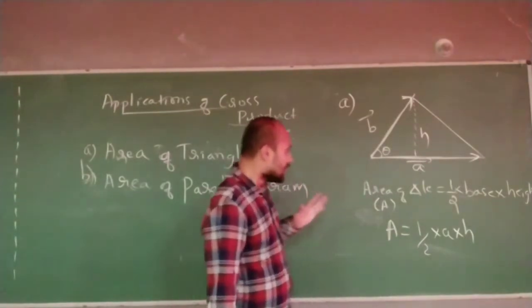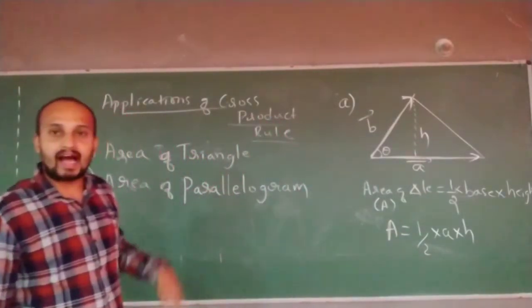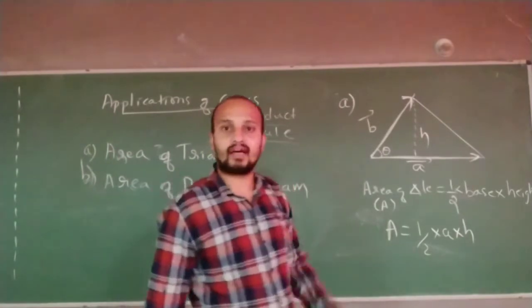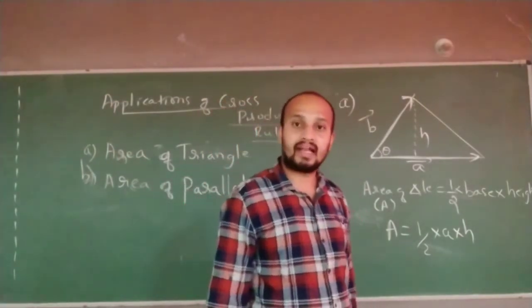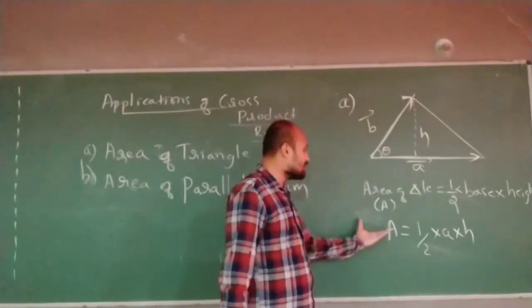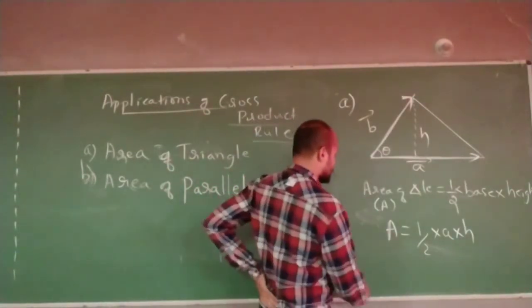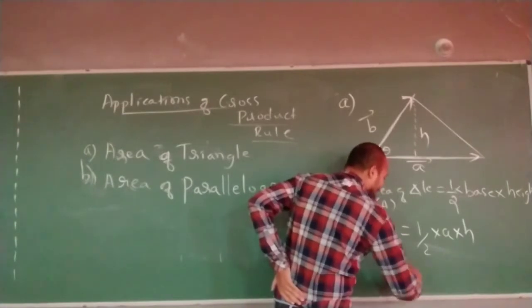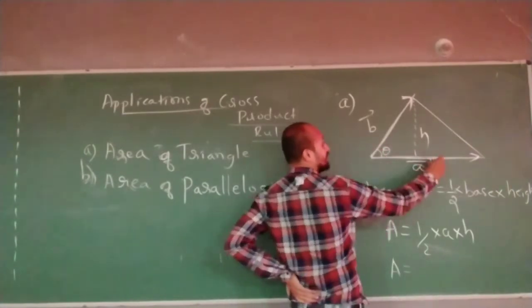Now see here. Area can be treated as, in certain cases, a vector. In second year you learn. But I will find the magnitude of A. See here, area can be found out using the vector form.